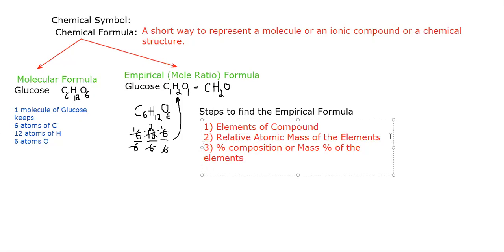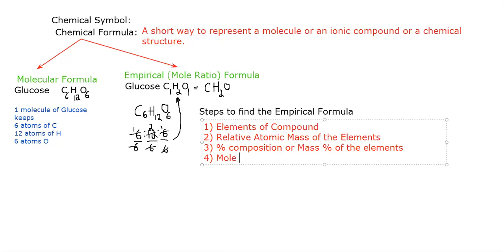Sir, do we have to figure that out or is it given? Yeah, I will also give one example here, and inshallah you will find out how to find the empirical formula. Number four, the next step, is to find the mole ratio, or simply the mole.